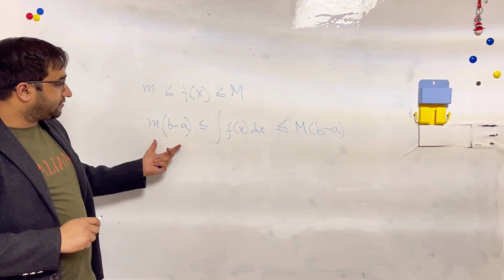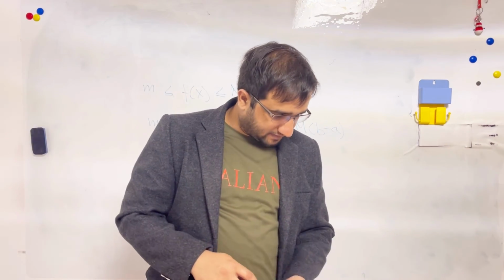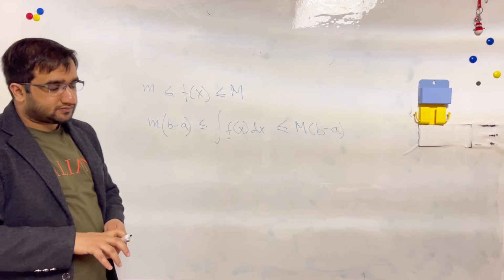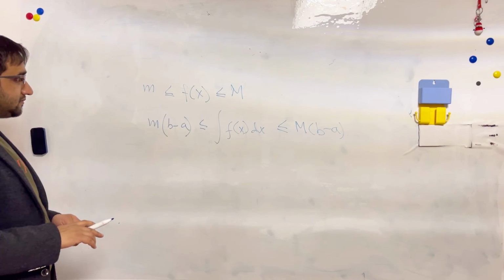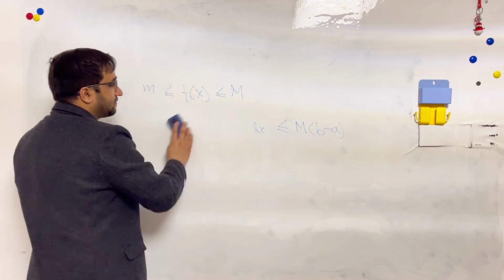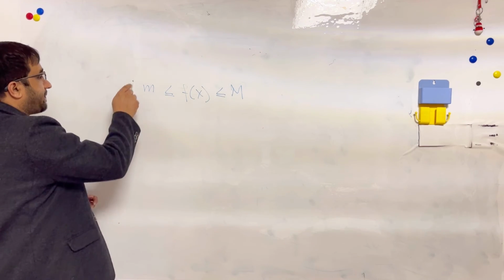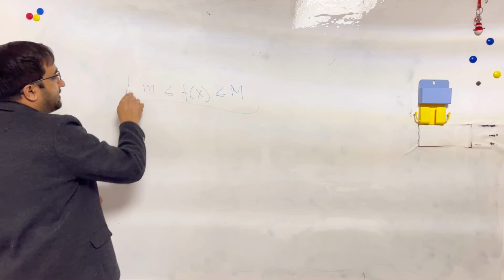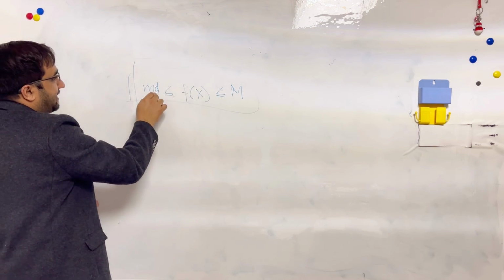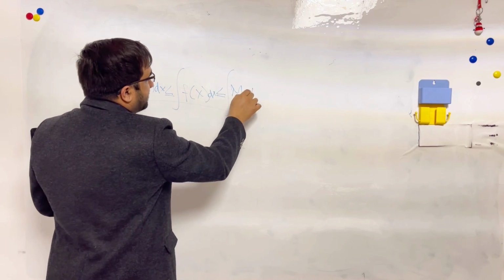And do you know how to get this? We have studied a rule. The rule says, if you have this situation, if you apply the integral on each side, it will be the integral of m dx, the integral of f of x dx, the integral of capital M dx.